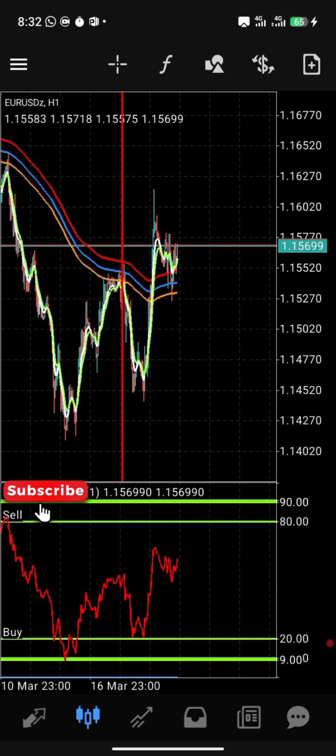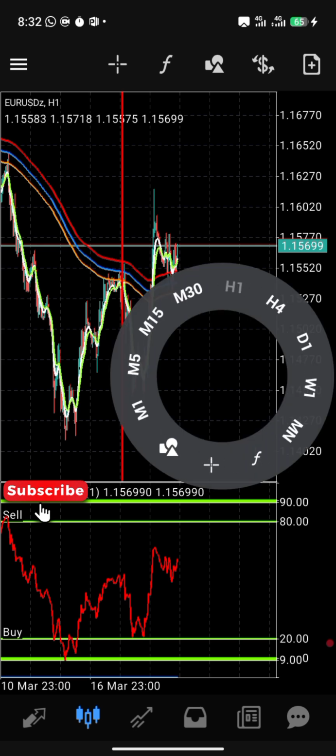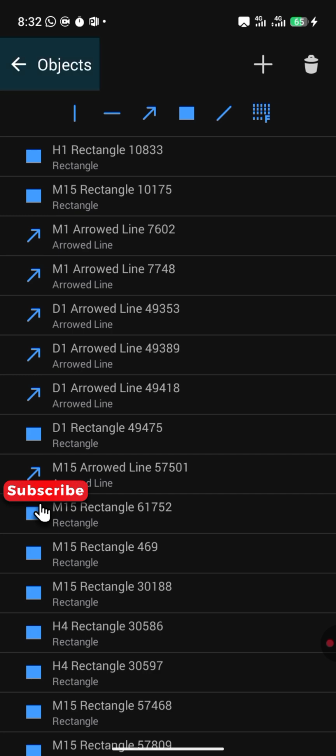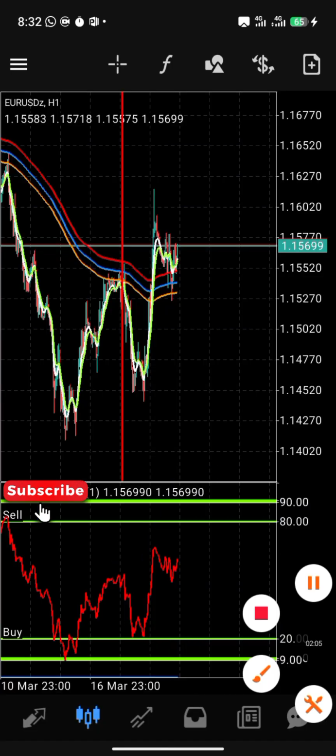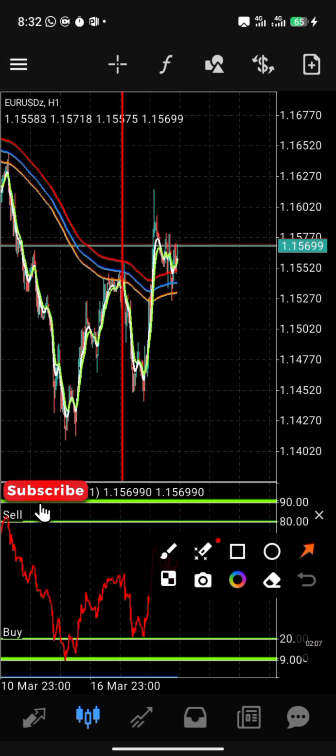And what do I look for? Clearly, price is trading below the channel, and from all indications, this move right here is a pullback, and I expect price to fall below.